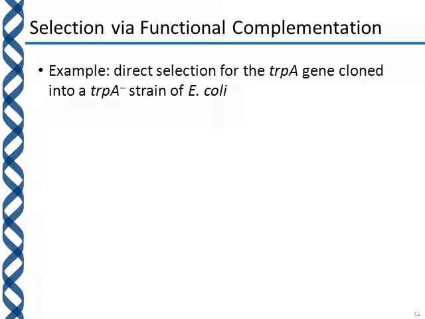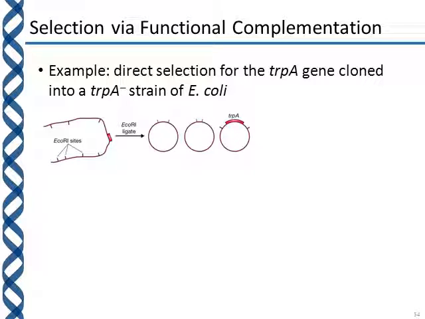An example is the direct selection for the trpA gene cloned into a trpA-negative strain of E. coli. Here we show the treatment with the endonuclease, producing the fragments. And these fragments are then ligated into the plasmids, and one of those plasmids will contain your trpA.